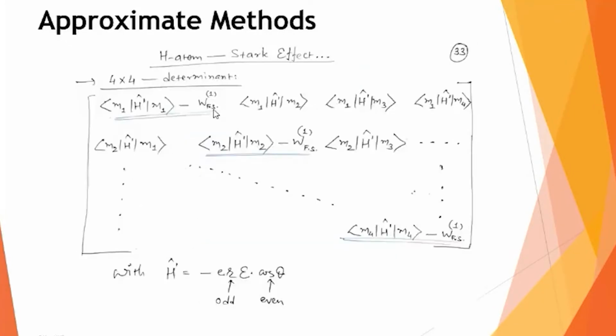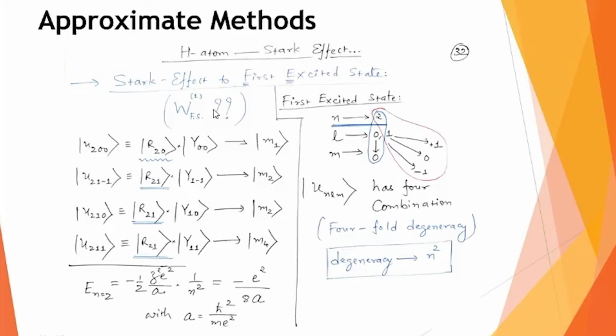The question comes, what are this L and L dash? If I go back to my expression, M1 means it is n=2, l=0, and m=0. For example, this M3 will be n=2, l=1, and m=0.